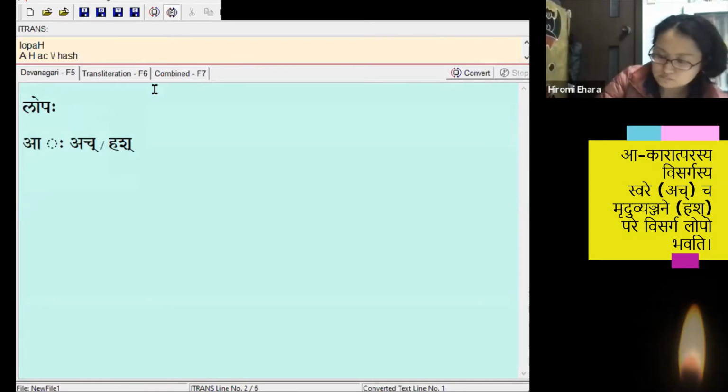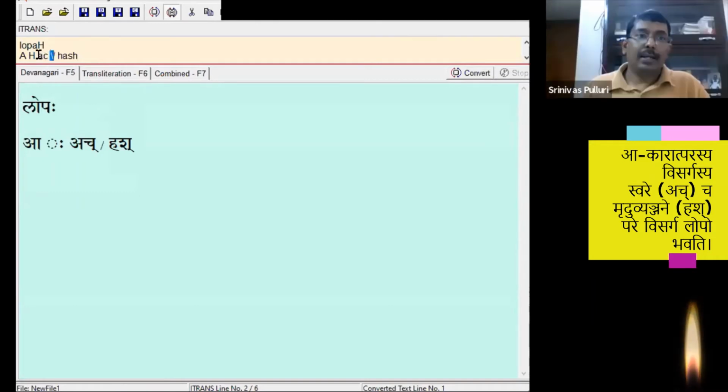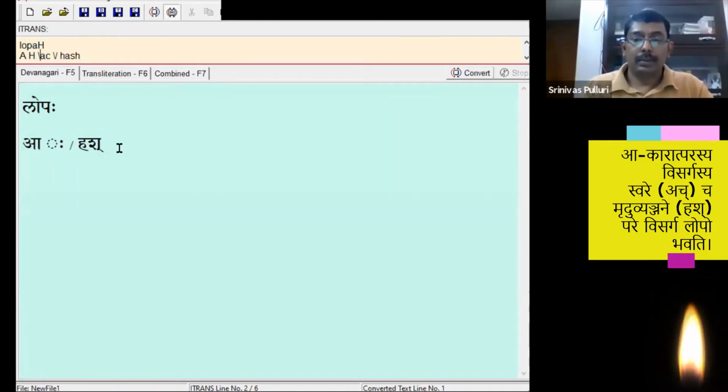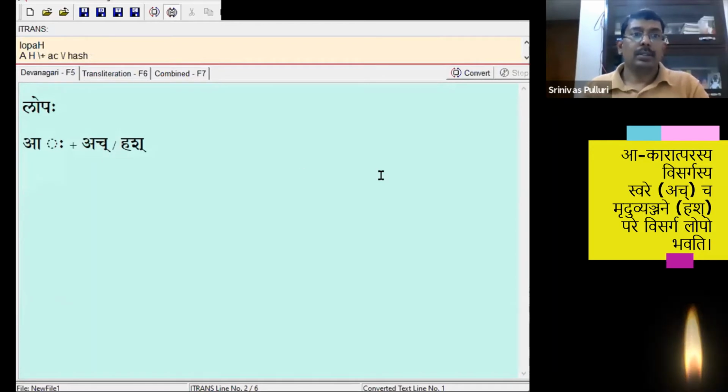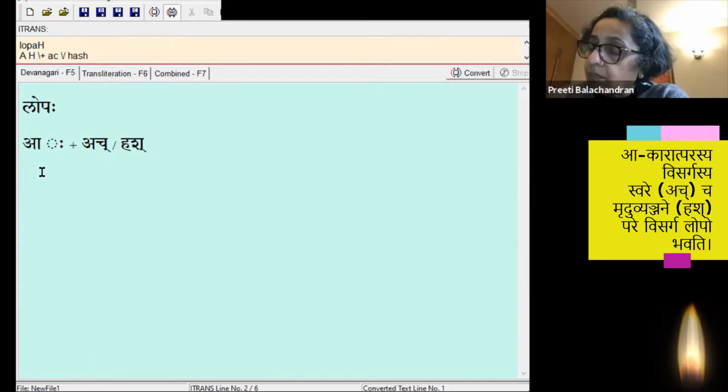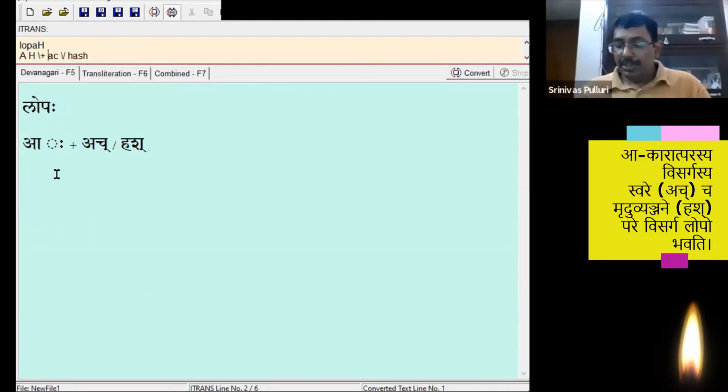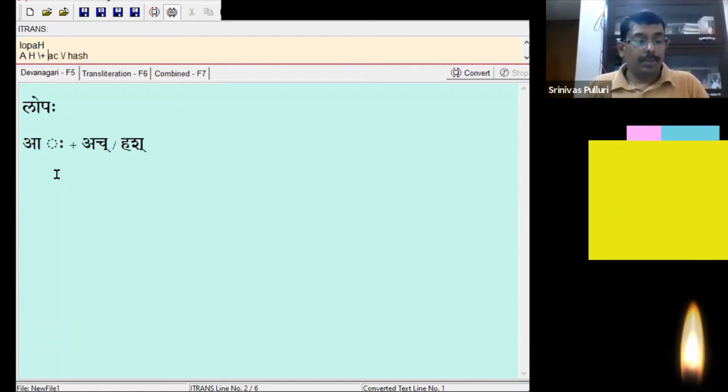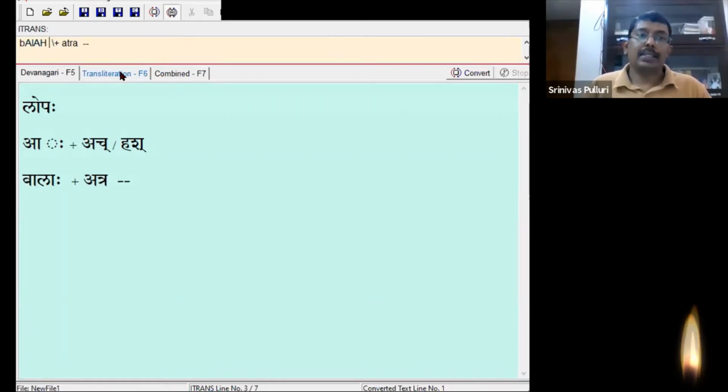The visarga is dropped. If visarga is preceded by a and is followed by any vowel or a soft consonant, the visarga is dropped. Balaha plus atra. Rule number 1.